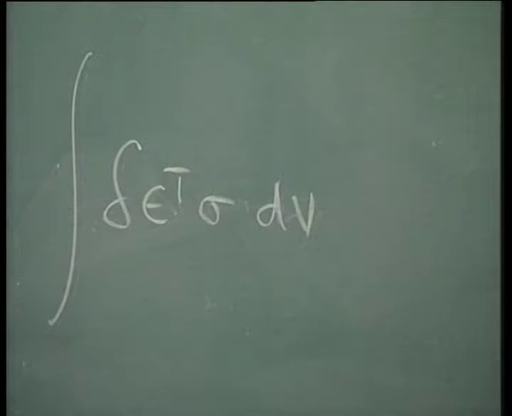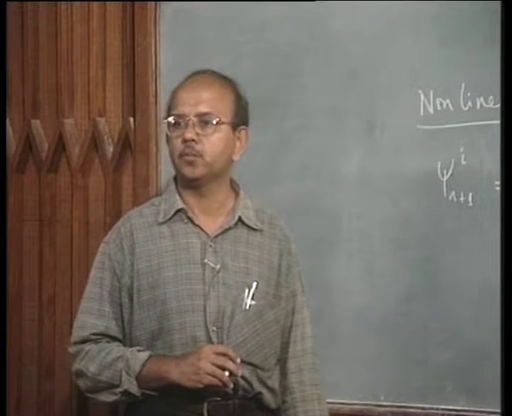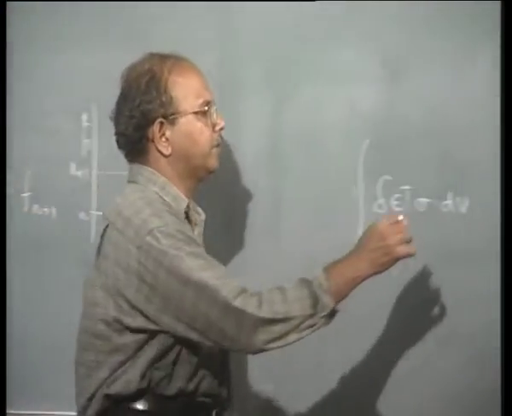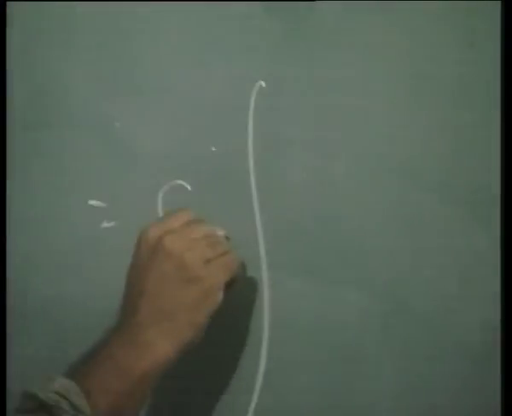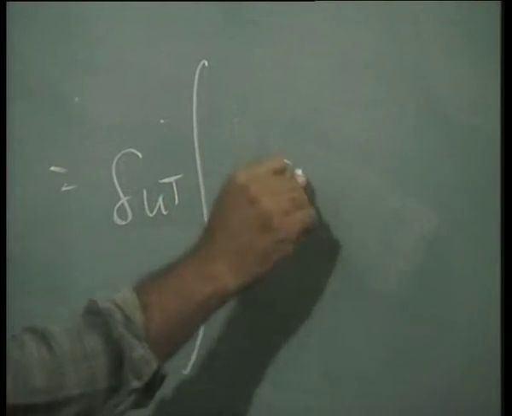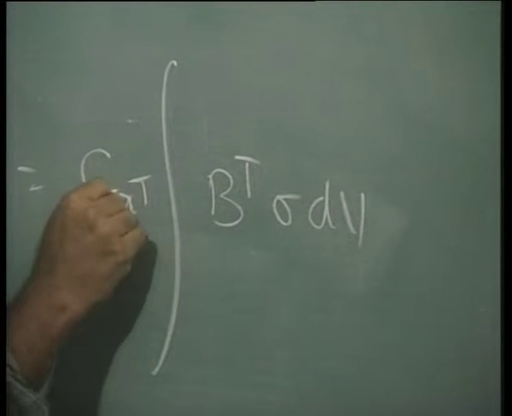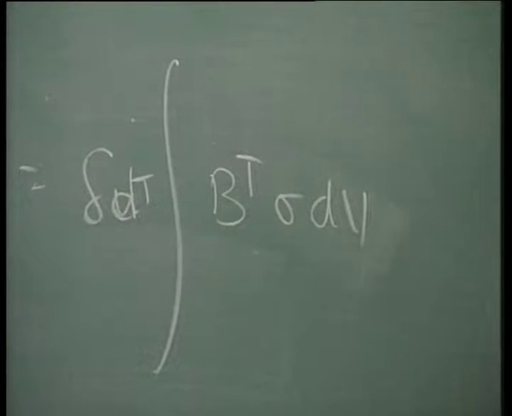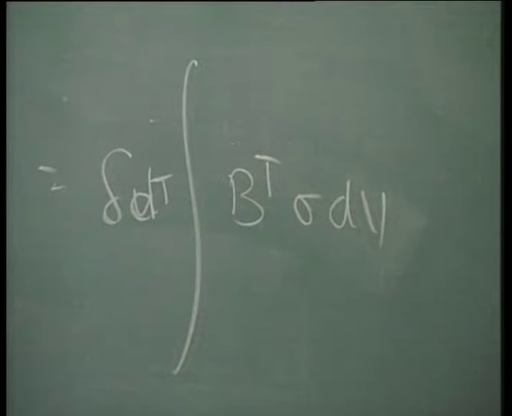Remember that? That's how, when we considered internal virtual work and external virtual work, we had a term delta epsilon transpose sigma, and delta epsilon transpose can be written as delta D transpose B transpose sigma dV in finite element terminology.